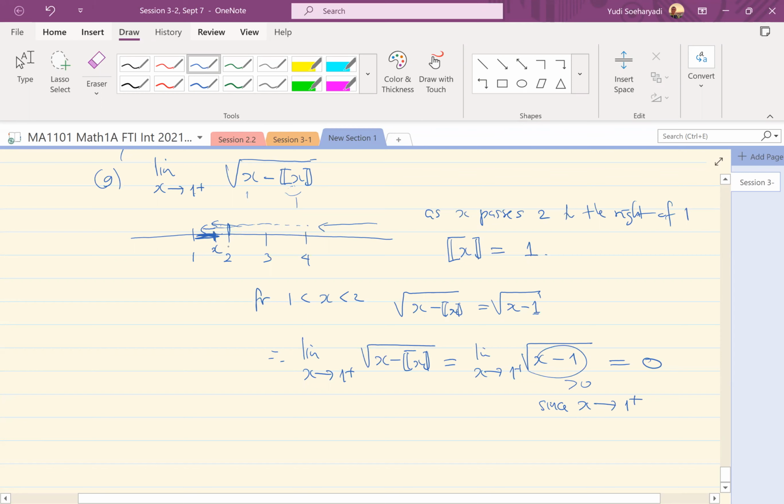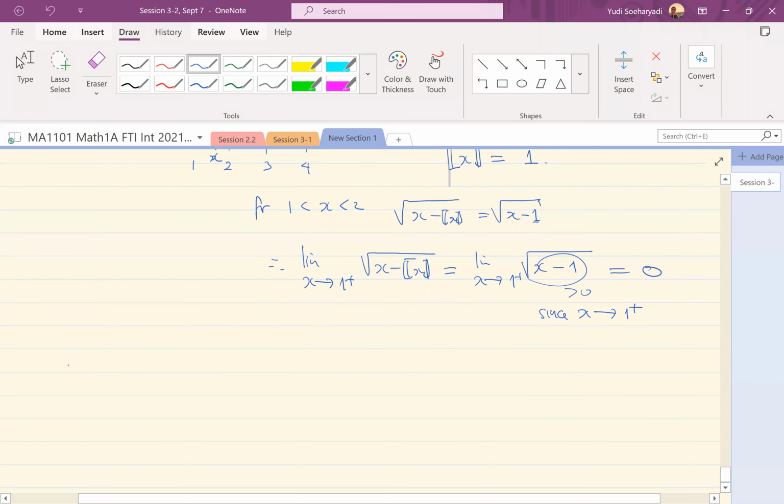So we don't need to consider x far away from 1, just x getting close to 1, to the right of 1. Let me write down something here.